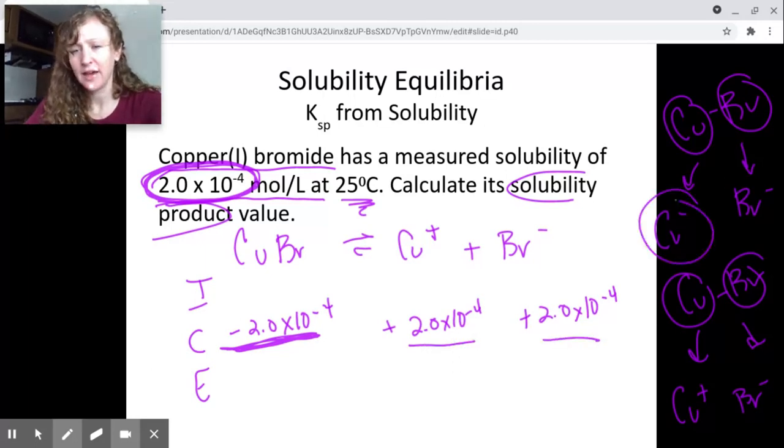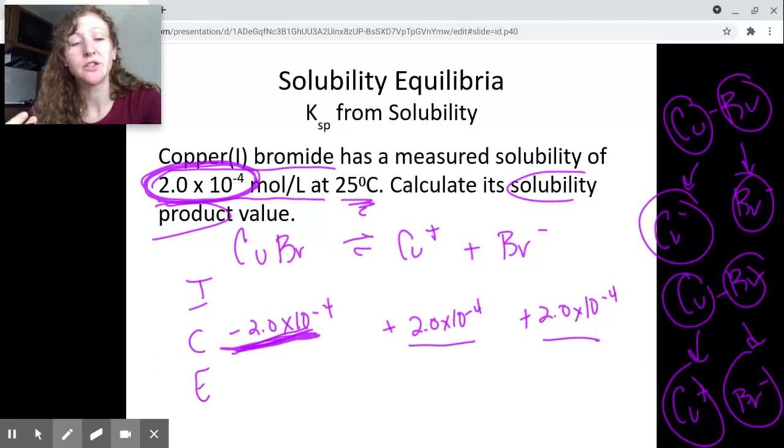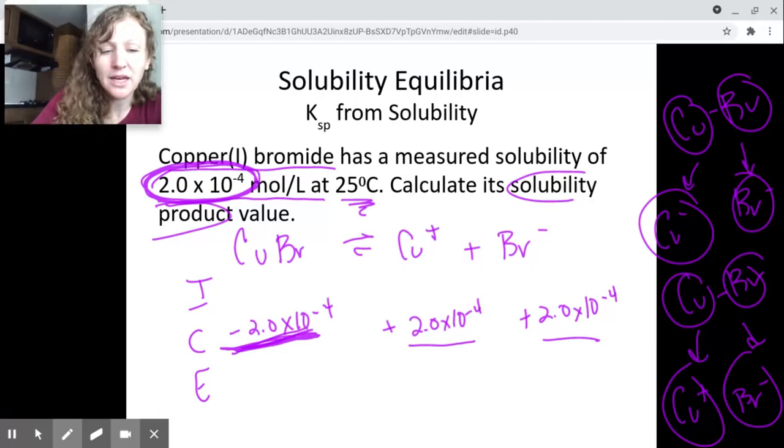That makes sense. If I dissolve 2.0 times 10 to the negative fourth moles per liter of copper bromide, I'm going to get 2.0 times 10 to the negative fourth of Cu plus and 2.0 times 10 to the negative fourth moles per liter of Br minus. So at equilibrium, this is what I have.